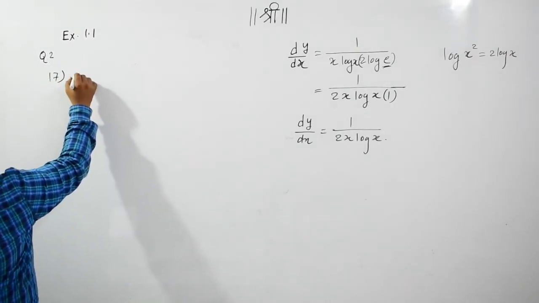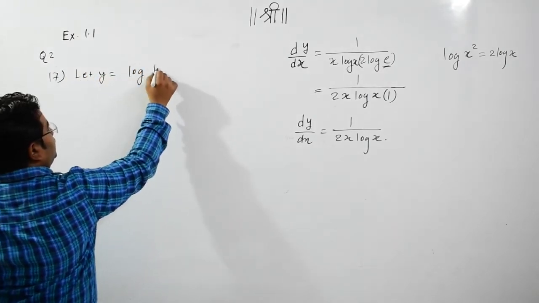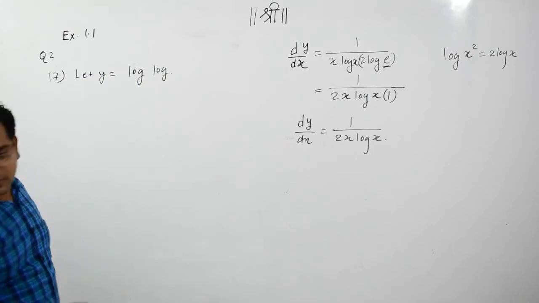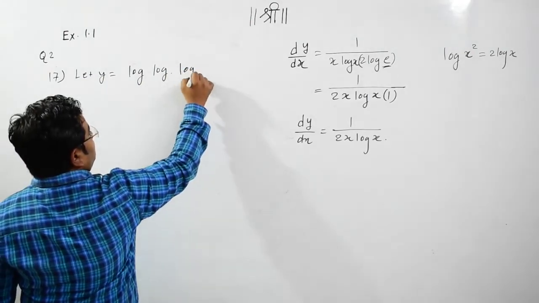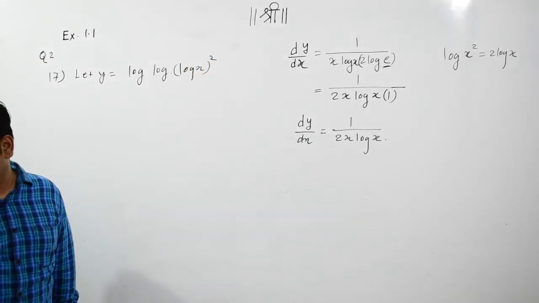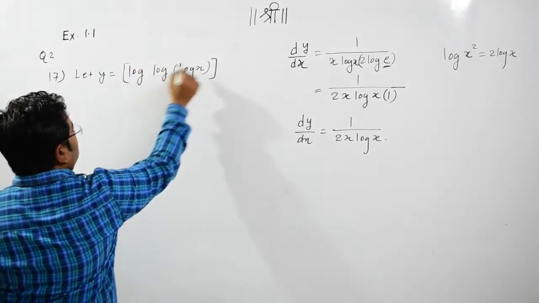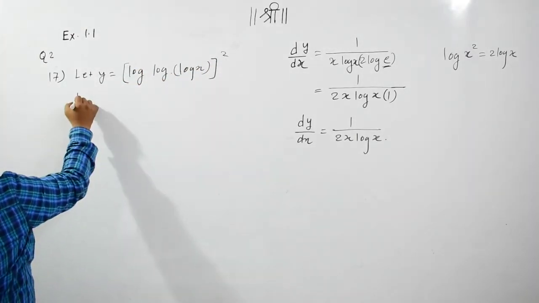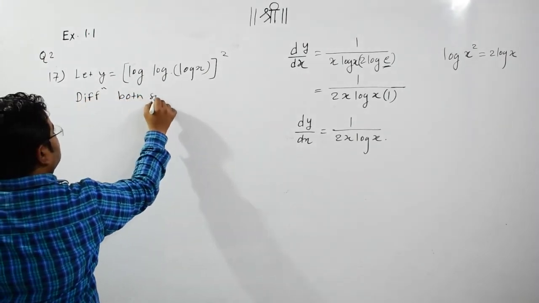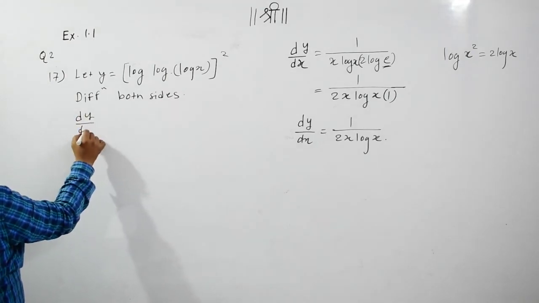Question number 17. Let y is equal to log of, again log of x, bracket square. Hope so I'm correct. Yeah, no, not correct. The whole bracket square is there. Okay, so whole bracket square. So again differentiating both sides, what you will get? dy upon dx.